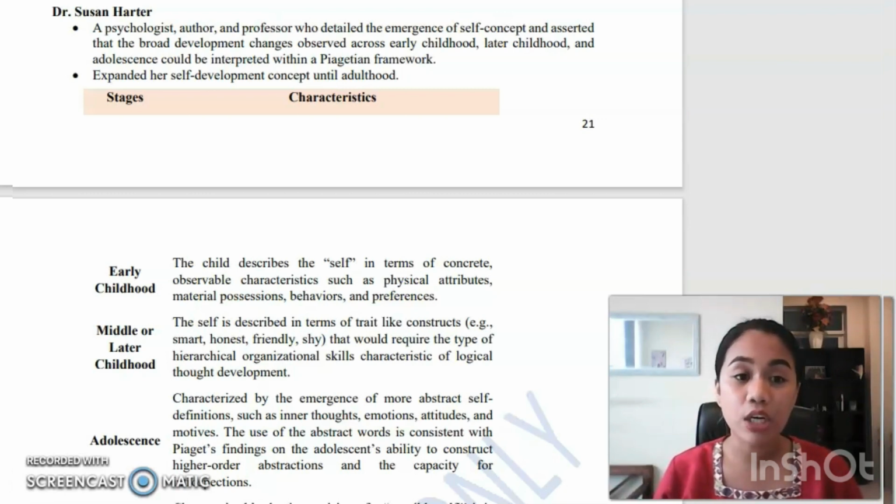The first one is early childhood, wherein the child describes the self in terms of concrete, observable characteristics such as physical attributes, material possessions, behaviors, and preferences.